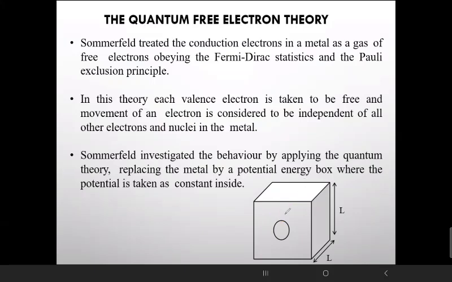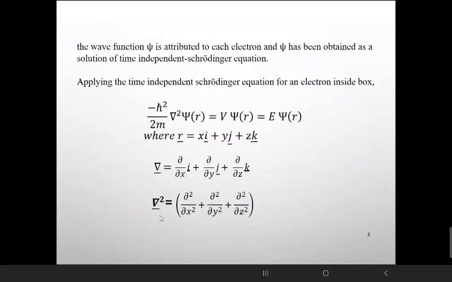So inside the box, you have electrons. In quantum mechanics, this electron is considered to be inside the box, and we can use the Schrodinger equation. The wave function psi is attributed to each electron, and psi is obtained as a solution of the time-independent Schrodinger equation.